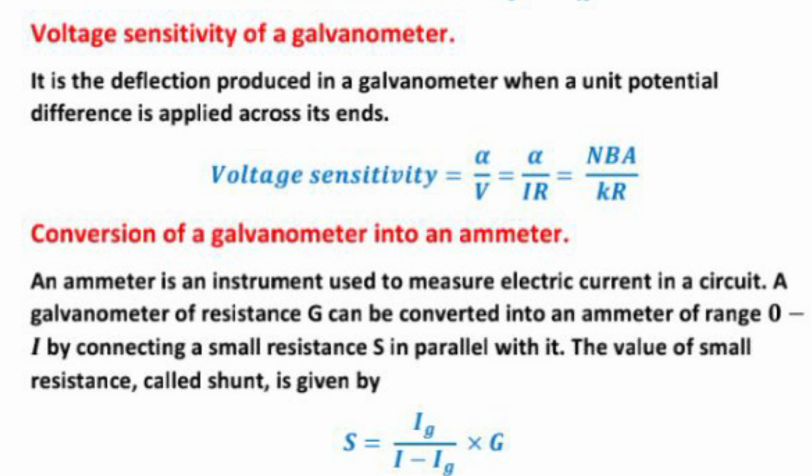The value of the small resistance, called shunt, is given by S equals Ig upon I minus Ig into G, where Ig is the current with which the galvanometer gives full scale deflection. Total resistance of an ammeter will be Ra equals G S upon G plus S. An ammeter is a low resistance device and is connected in series in a circuit.